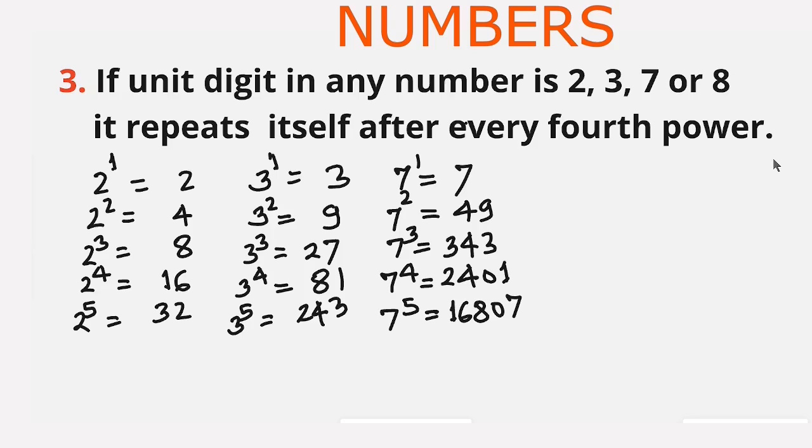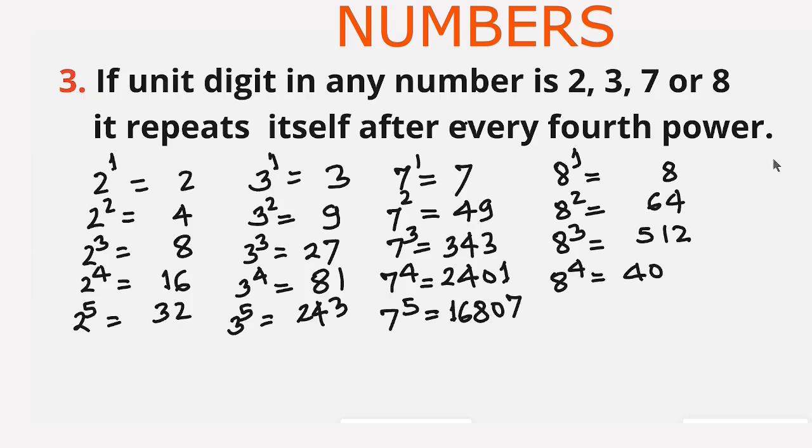We can see it for the powers of 8. 8 to the power 1 is 8. 8 to the power 2 is 64. 8 to the power 3 is 512. 8 to the power 4 is 4096. And 8 to the power 5 is 32,768.